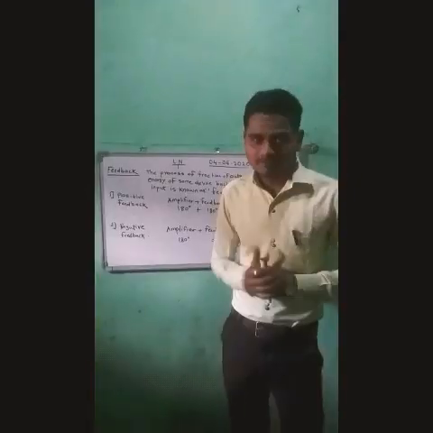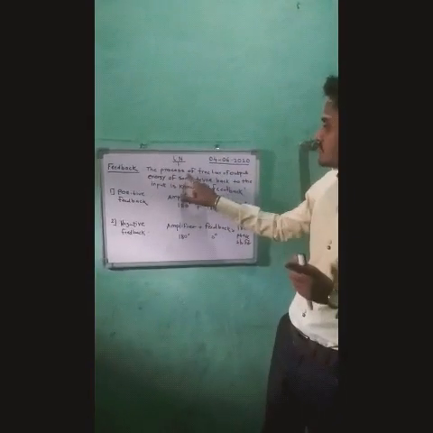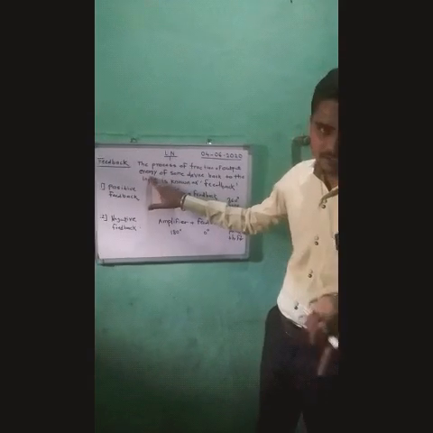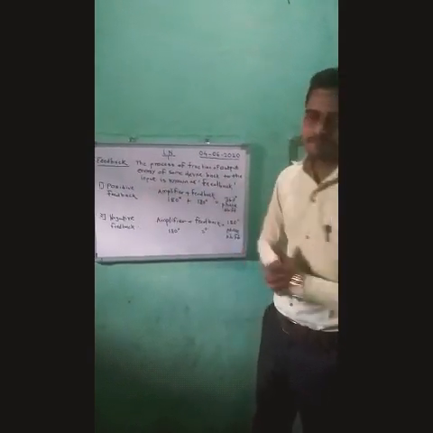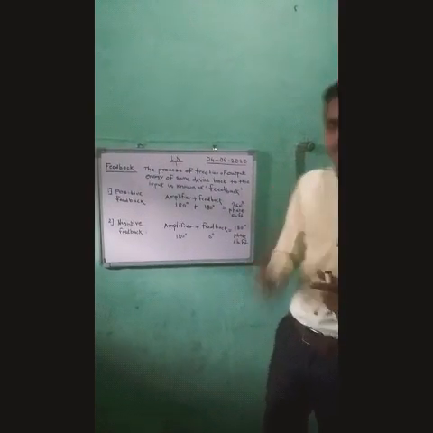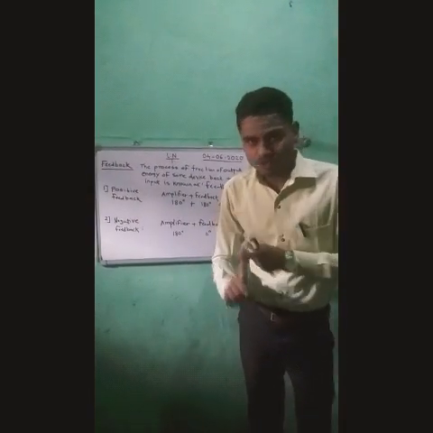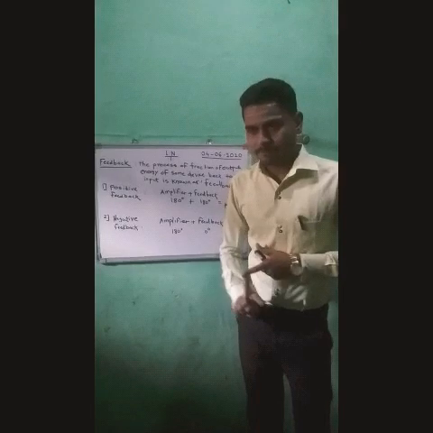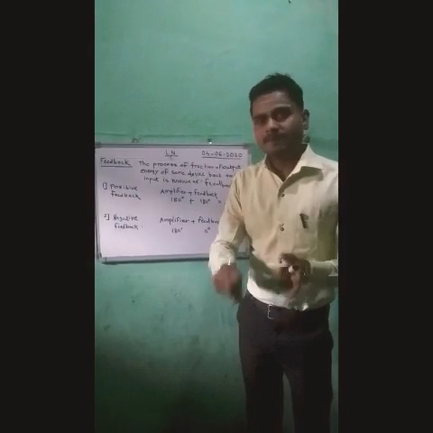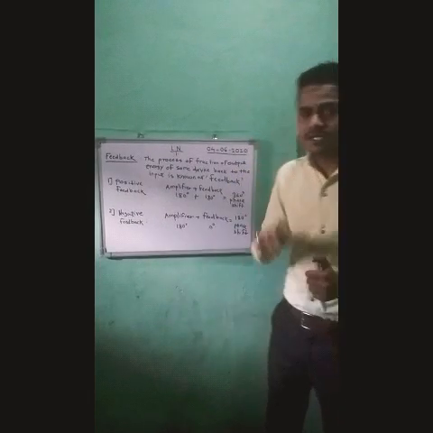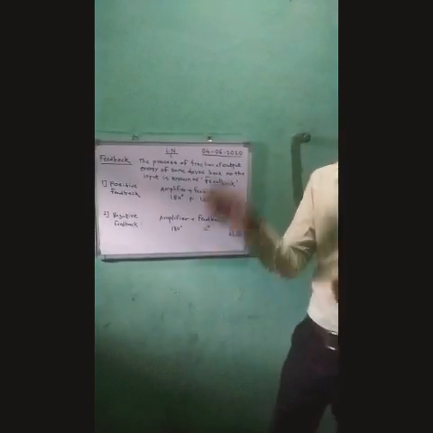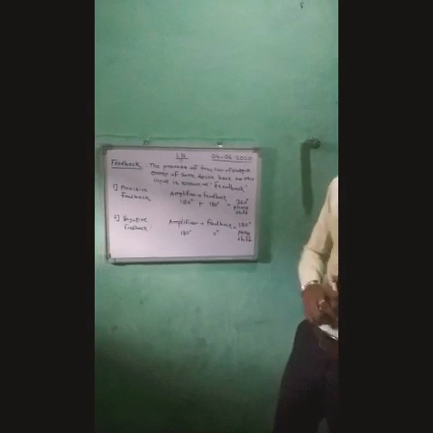amplifier. Feedback. Feedback is the process of feeding a fraction of the output energy of a device back to the input. So feedback is of two types: positive feedback and negative feedback. In positive feedback, the amplifier and feedback circuit both are there, and also in negative feedback, the amplifier circuit and feedback circuit both are there.